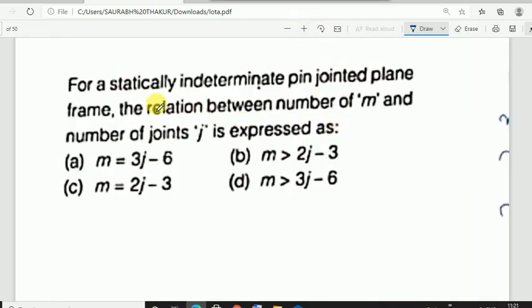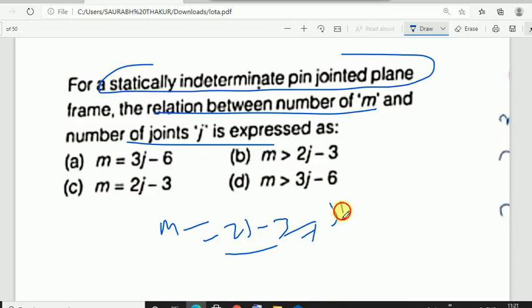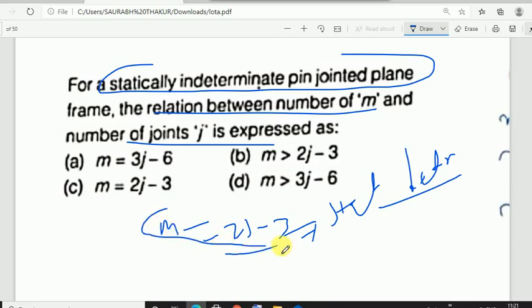One more question. For a statically indeterminate pin jointed plane frame, the relation between M and J. Actually, when M is equal to 2J minus 3, that would be statically determinate.